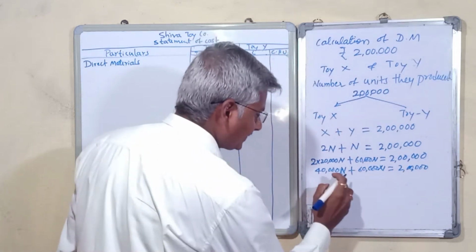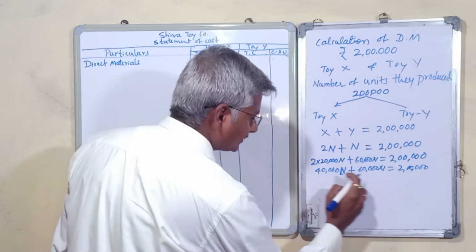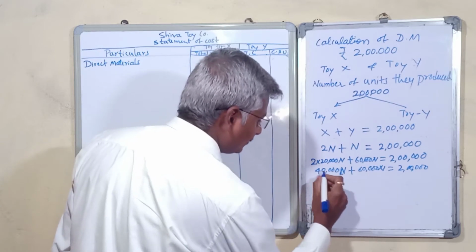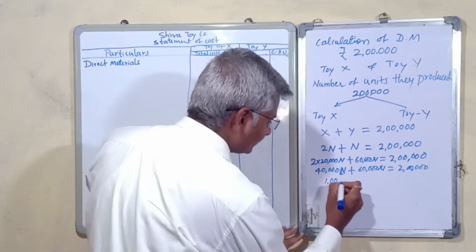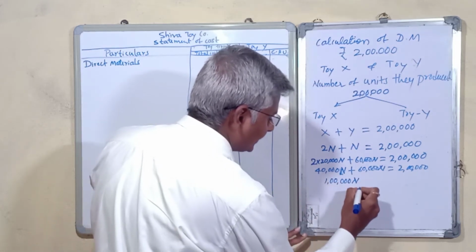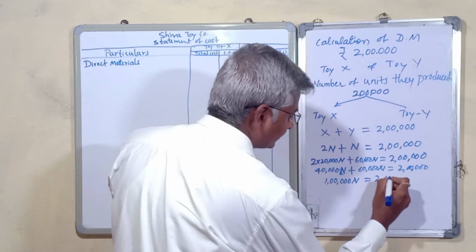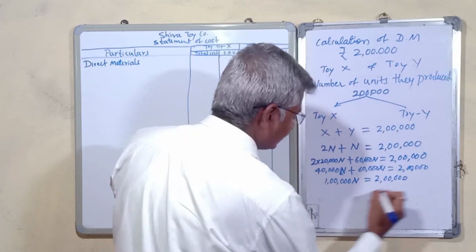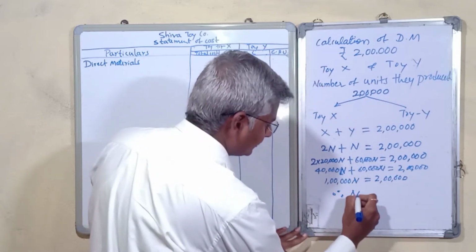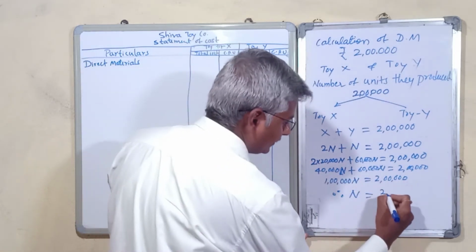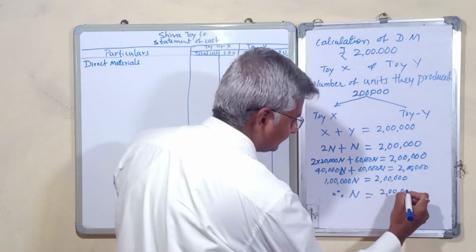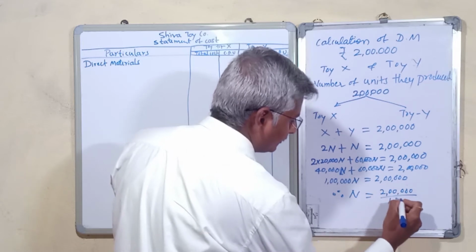Then N is common, so 40,000 plus 60,000 is 1 lakh, and I will keep N as common, so 1 lakh N equals 2 lakhs. Therefore N equals 2 lakhs upon 1 lakh.